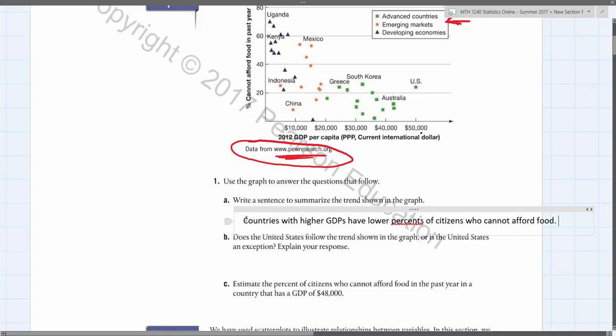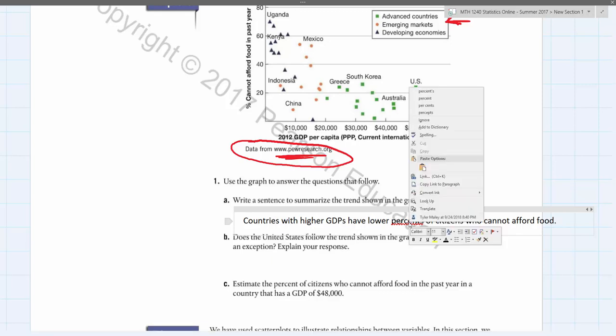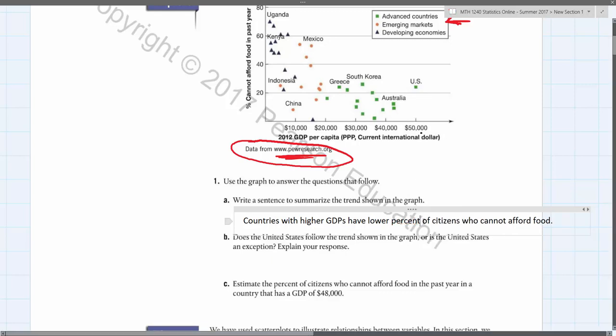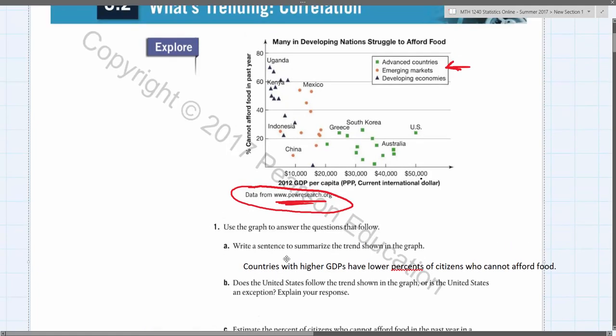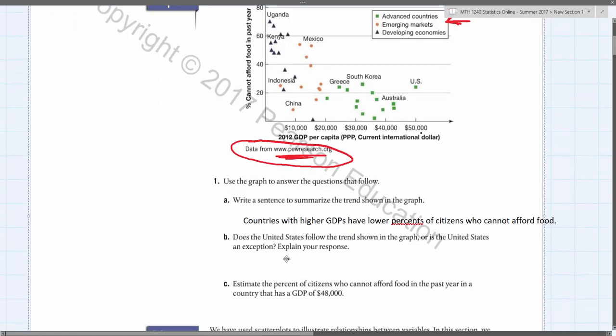Something like that. Word doesn't seem to like the word percents, but that's fine. So that's what we were describing in words.